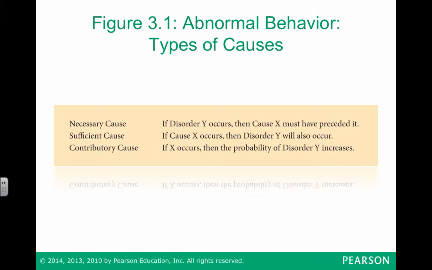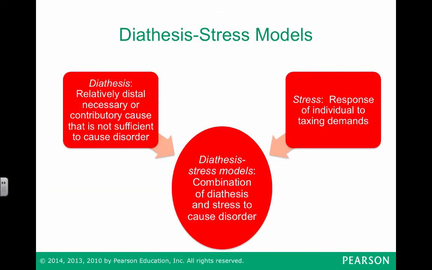So read this in your text and make sure that you have it straight in your head and you're able to recognize it on an exam. Next we have the Diathesis-Stress Model. Diathesis refers to a necessary or a contributory cause that is not sufficient in and of itself to cause a disorder. So a person may have a predisposition to develop a disorder.